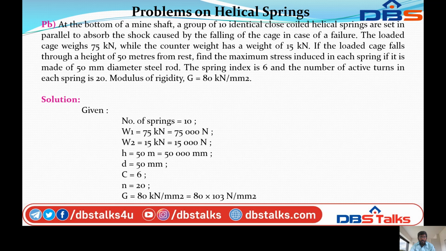W2 is equal to 15 kilonewton, which is also converted to Newton, 15,000 Newton. Height H is equal to 50 meters, that is equal to 50,000 mm. Small d is equal to 50 mm. C is equal to 6. N is equal to 20. G is equal to 80 kilonewton per mm square. This is converted to Newton per mm square, 80 into 10 cube Newton per mm square.